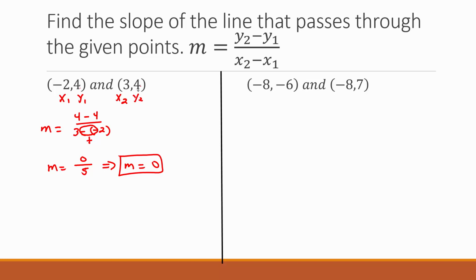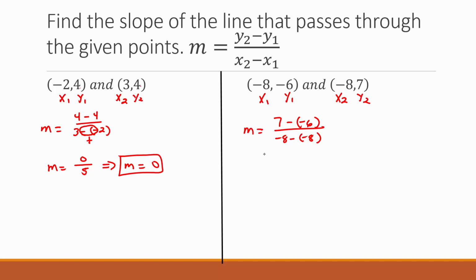Okay, let's take a look at this last problem. We have (negative 8, negative 6) and (negative 8, positive 7). So, label our points and plug them in. 7 minus negative 6 over negative 8 minus negative 8.